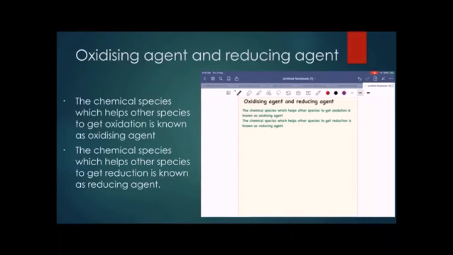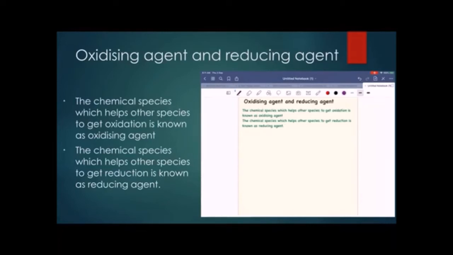So the oxidizing agent will help other species to get oxidation. Don't be confused. Oxidizing agent won't undergo oxidation. Oxidizing agent helps other species to get oxidation. Similarly, the chemical species which helps other species to get reduction is known as reducing agent. So a reducing agent will help the other chemical species to undergo reduction.